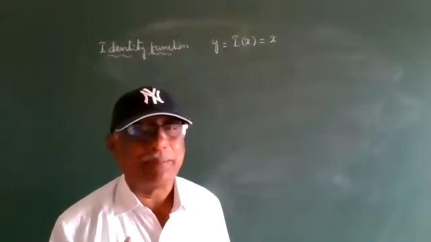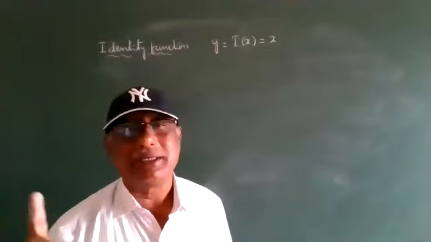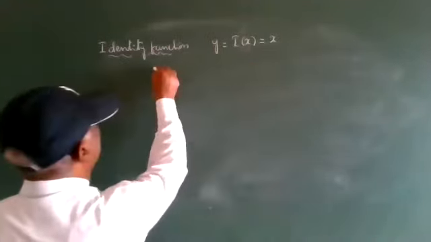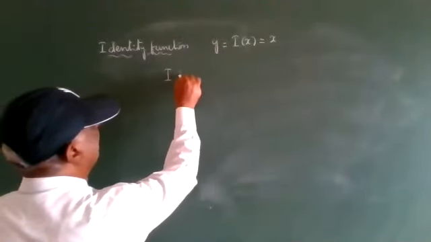So identity is represented by the letter I. So I of x is equal to x; identity is also one of the functions. In place of f, we take the letter I for the identity function.